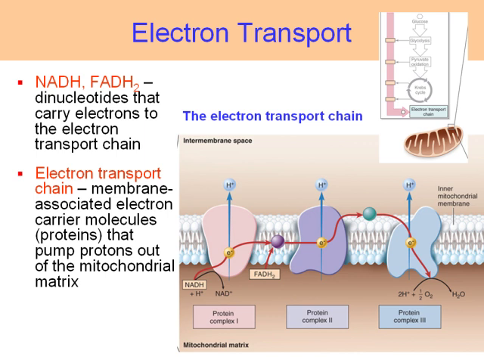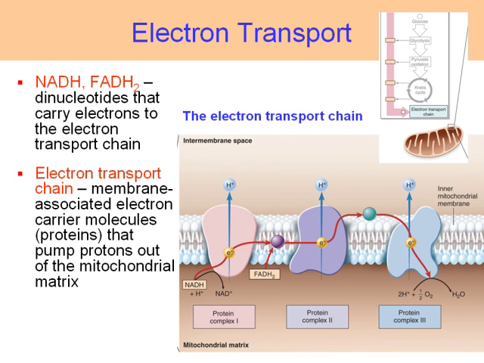Number one, as I mentioned, NADH and FADH2 are carrying electrons to these proteins found in the membrane. What's going to happen is that these carrier molecules are going to release the electrons to these proteins, to the electron transport chain.